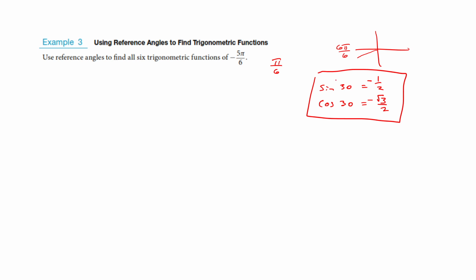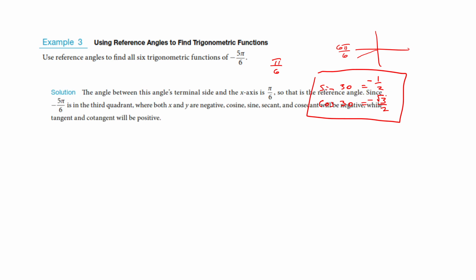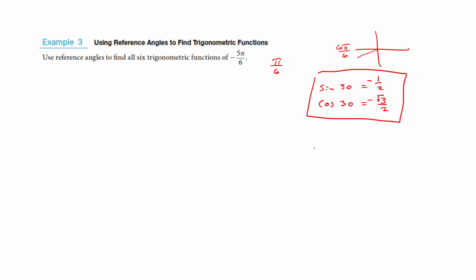Now we did a problem just like this before. The only thing that we're now going to extend is we're going to put the definitions of the other 4 trig functions based on this knowledge, and we can solve it. So tangent, they didn't show it here, but tangent would just be sine over cosine.